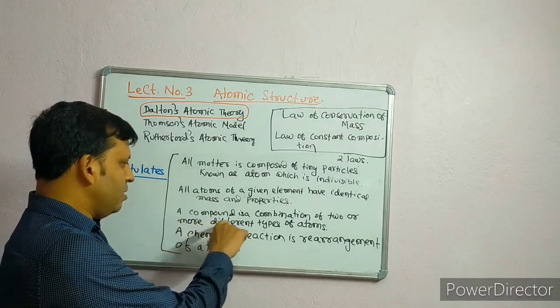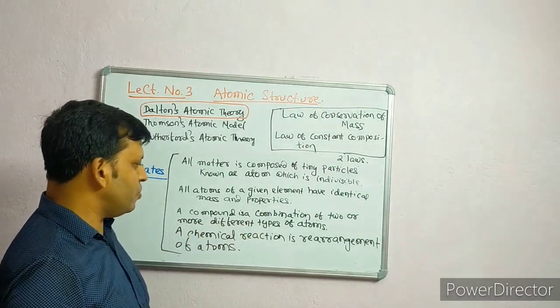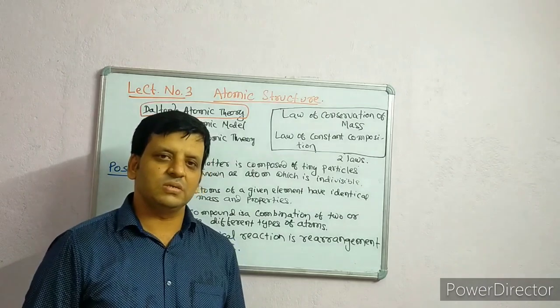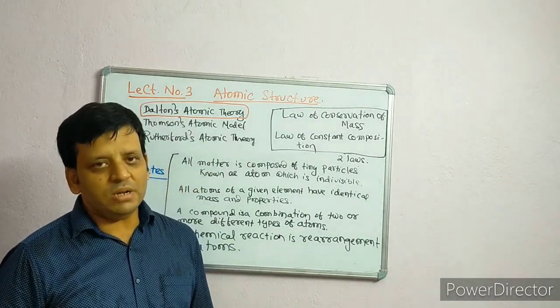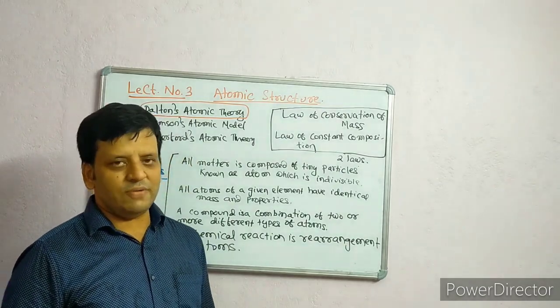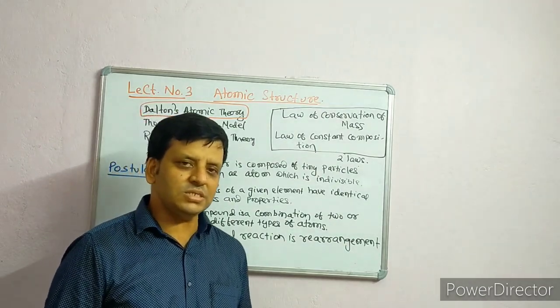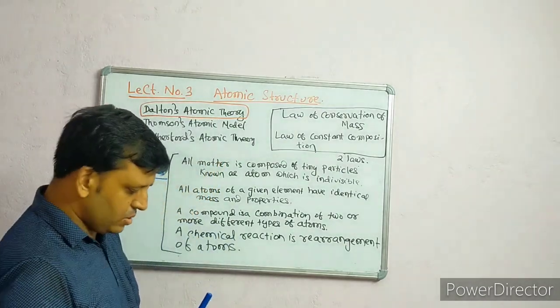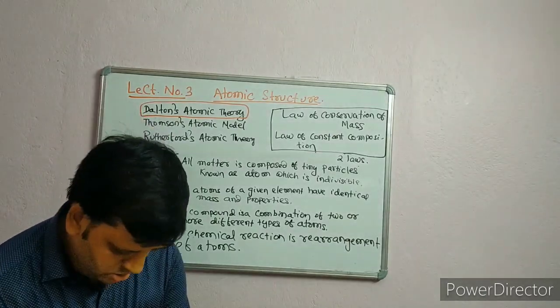The third one, a compound is a combination of two or more different types of atoms. A compound is formed by combining two or more different types of atoms. Again, let us come back to our sodium chloride.